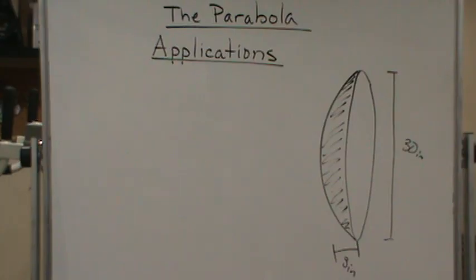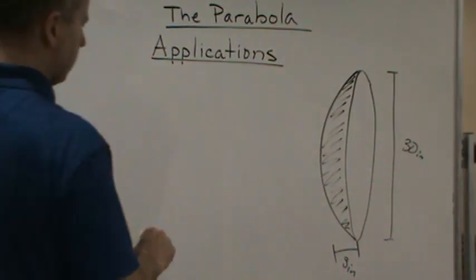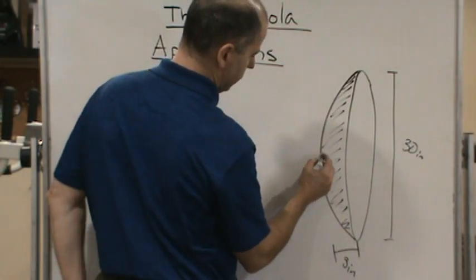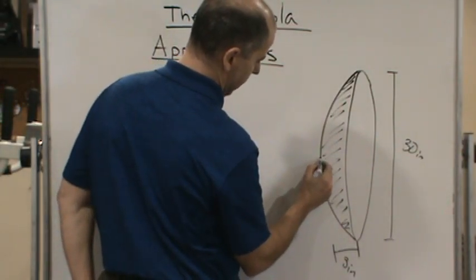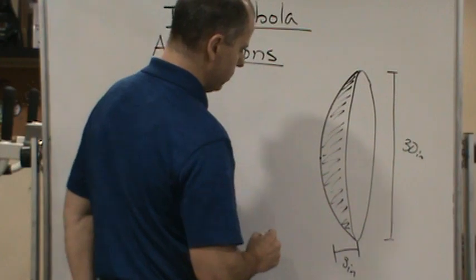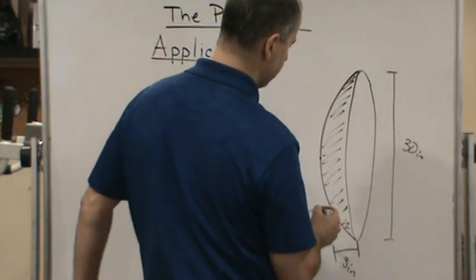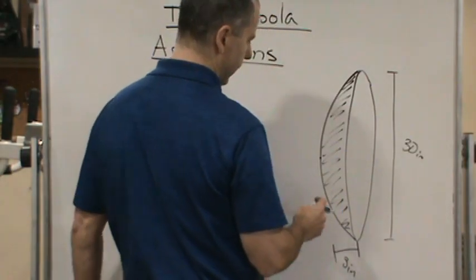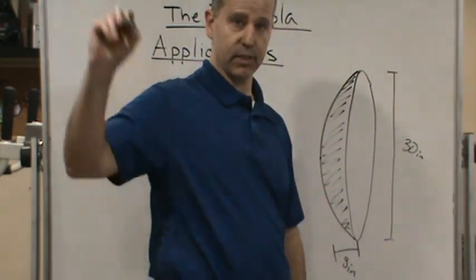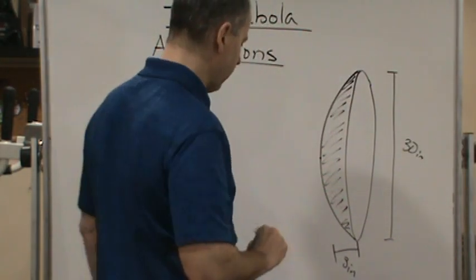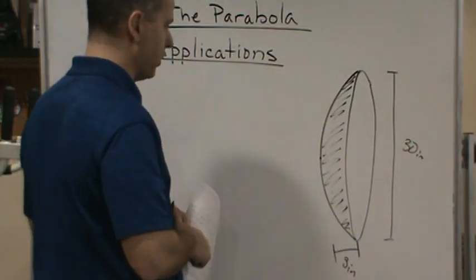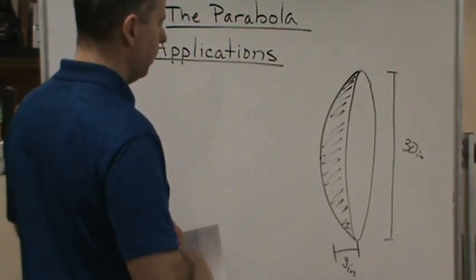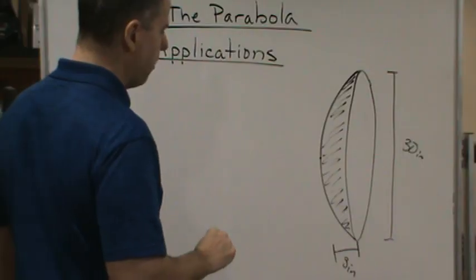So they want to find the cross section of this dish. So if you think about it, the vertex is going to be right at the center of this dish in the back, right? So right about there. So what they want us to do is basically cut this dish in half, and that'll get us a cross section that's parabolic. And they want us to find the equation that represents that shape, okay?